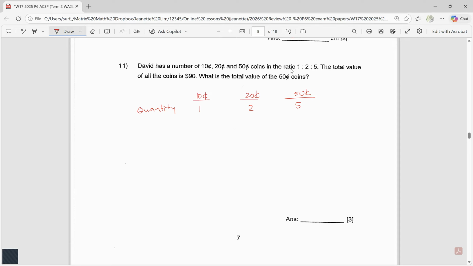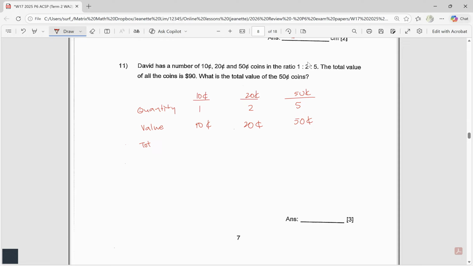So this whole thing, whatever I'm doing is called one group. In one group, I will have one 10-cent coin, two 20-cent coins, and five 50-cent coins, according to the ratio. Then in terms of value, value means the dollar value of each item. So let's say for 10 cents, right, the value of 10-cent coins is 10 cents, for 20-cent coins is 20 cents, for 50-cent coins is 50 cents.